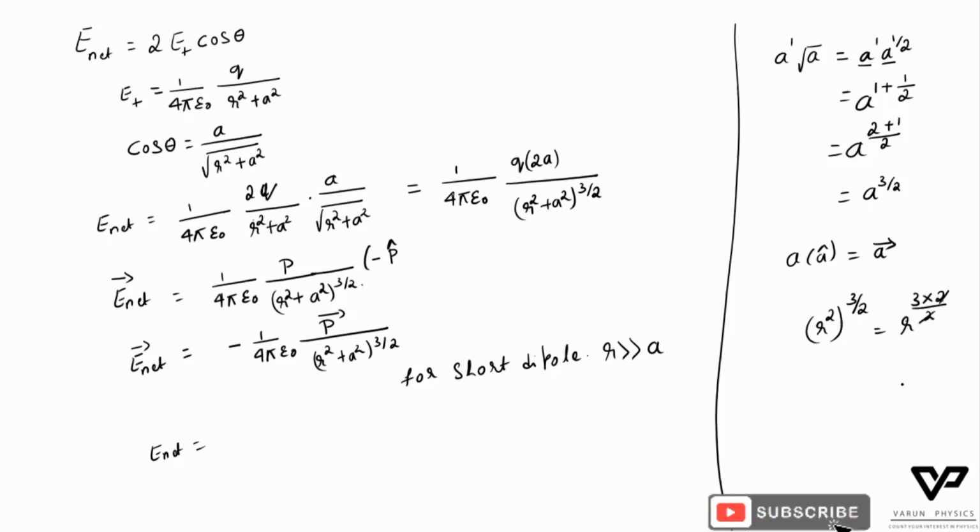The 2 gets cancelled because a to the power of m to the power of 1 by n can be written as a to the power of m by n. Therefore, that becomes minus 1 by 4 pi epsilon naught vector P divided by R cube. Okay, vector P divided by R cube.